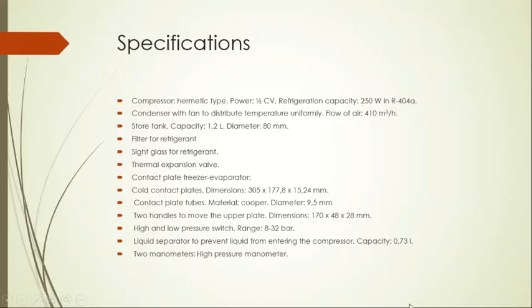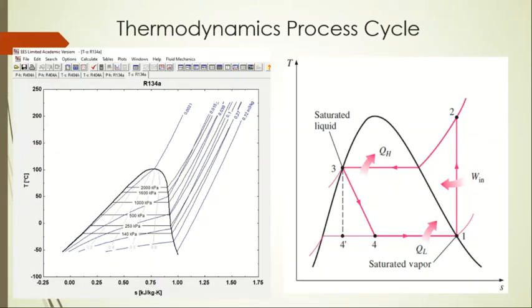So far, what we have studied in a very specific manner, their numeric values are represented here. These are the main thermodynamic cycle. Actually, when we talk about a refrigeration cycle, there are two basic diagrams we have to see.